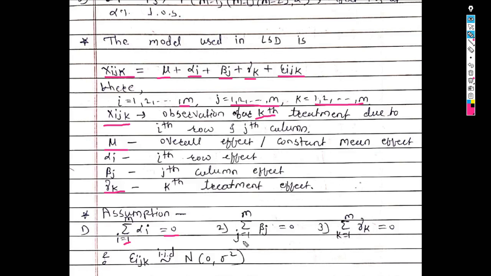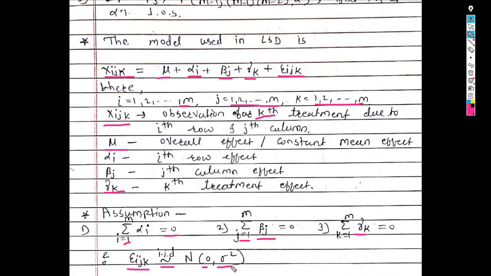Second assumption is summation, j running from 1 to m, beta j is also 0. Our third assumption is summation, k varies from 1 to m, gamma k equals 0. And this epsilon ijk is a random error and it follows IID normal with mean 0 and variance sigma square. So this is our LSD model and we make three assumptions for this model.